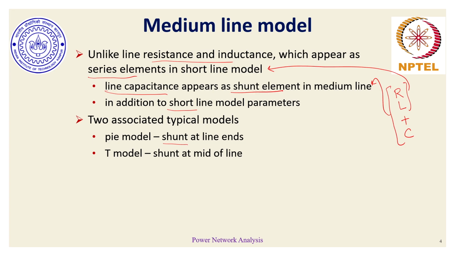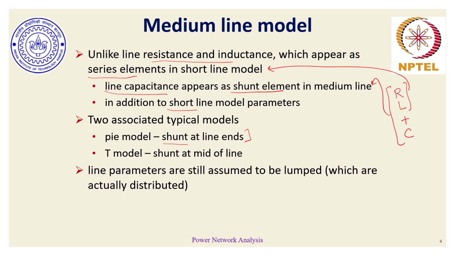Usually in the literature, the pi model is pretty common because it gives rise to certain convenience in terms of analysis, which we will see in the next few slides. The difference, however, is in terms of capacitance being considered, but the similarity between the short line and the medium line model is that line parameters can still be assumed to be lumped, which are actually distributed.